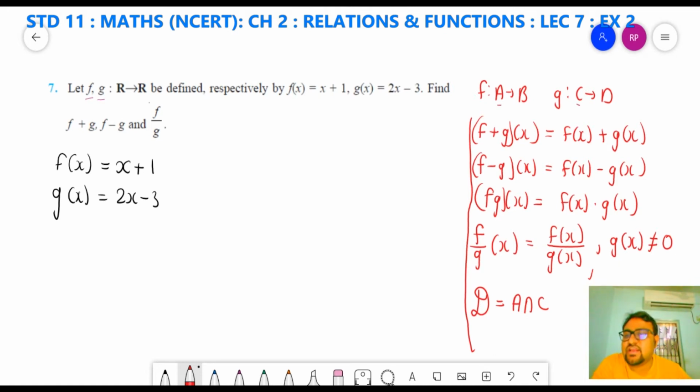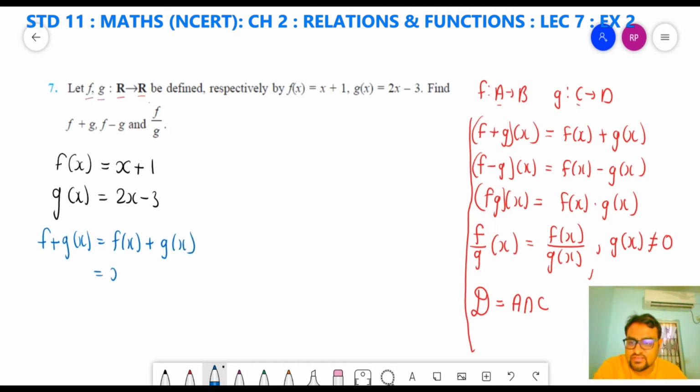Now see, here in this case it is given R to R. That means the domain of f is R and the domain of g is also R. So R intersection R will be R. So for all these mathematical operations of the functions, the domain will be R. Now let's first find (f plus g)(x). This will be equal to f(x) plus g(x).